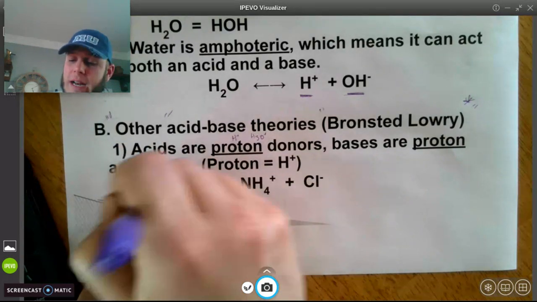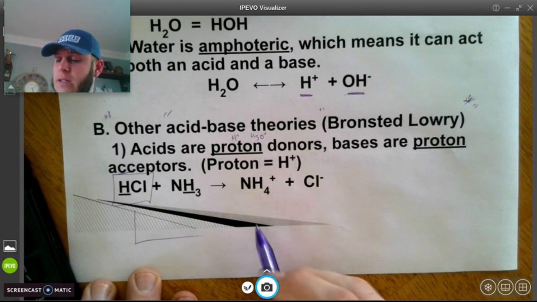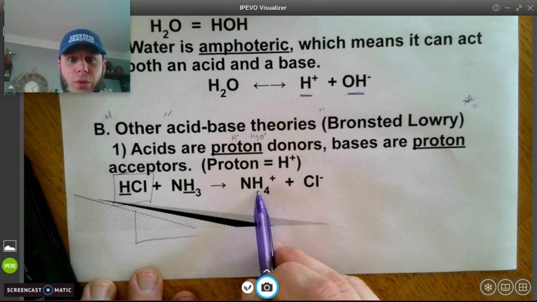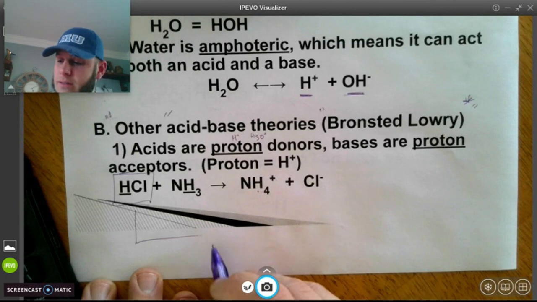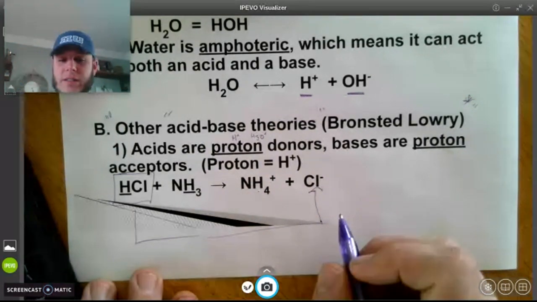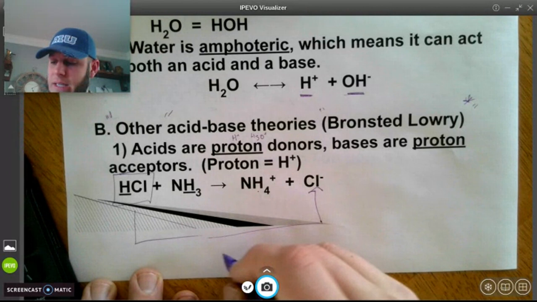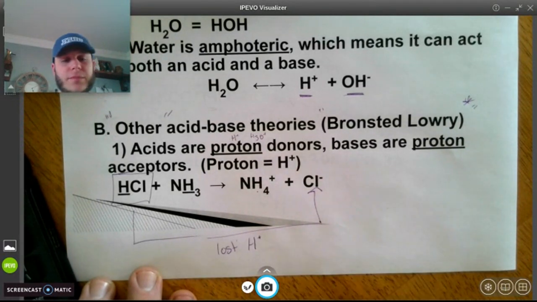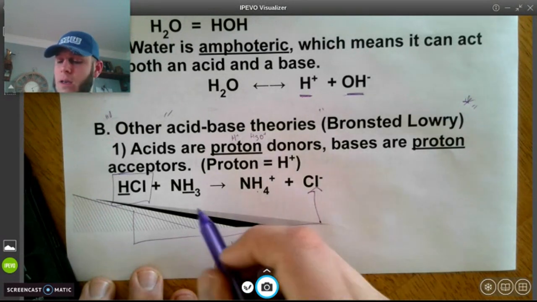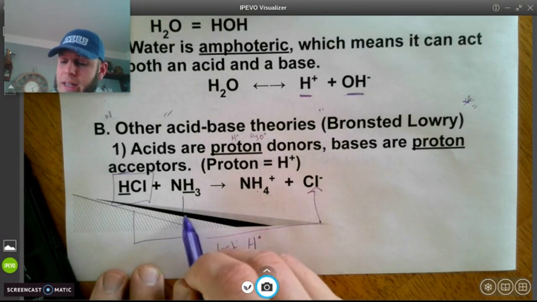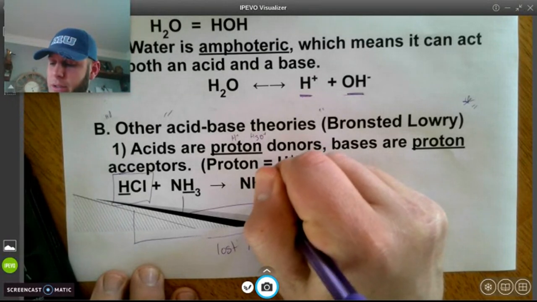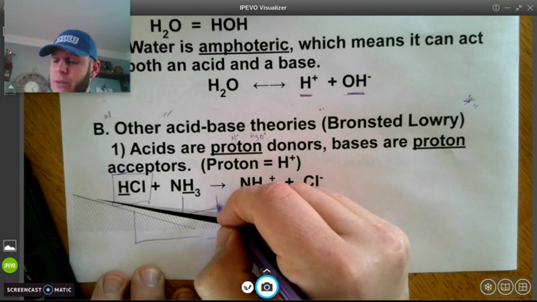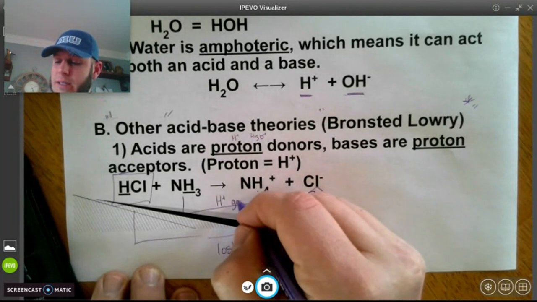So if something started out as HCl, did it become NH4 or did it become just Cl? And I'm assuming you all can say, oh, well, HCl became Cl because it lost H plus. And then I'm hoping that when you take the NH3 and you go to the NH4, you can realize that change happened because there was an H plus gain.